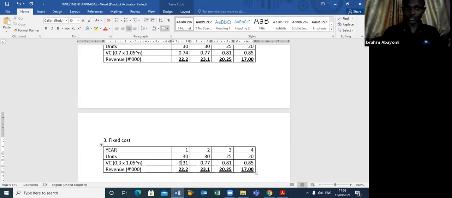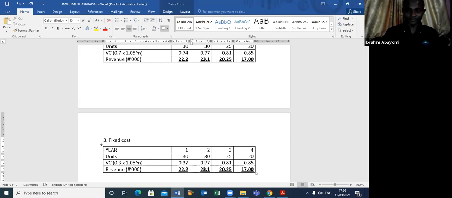Ensure you're also using your calculator so that we'll be on the same page. 0.3 times 1.05. So is it 0.31 or 0.32? It's 0.32.